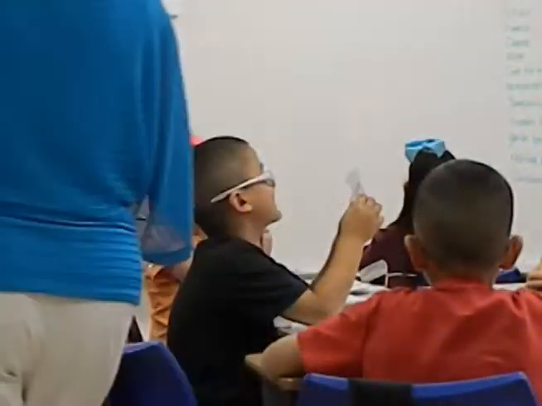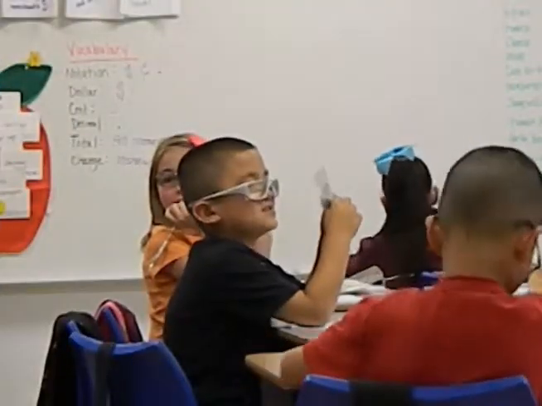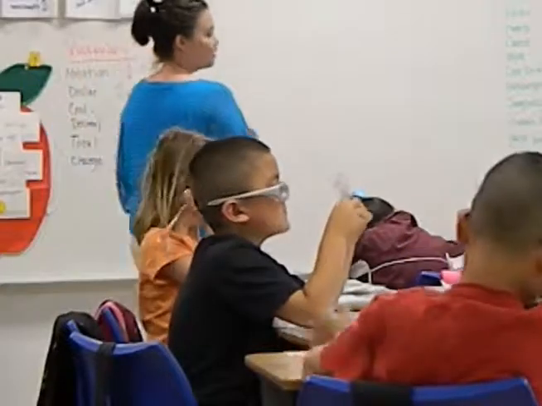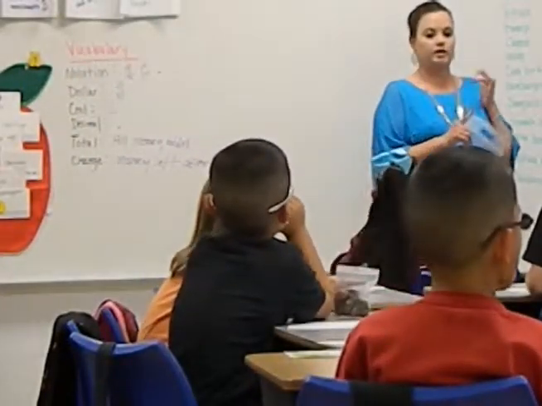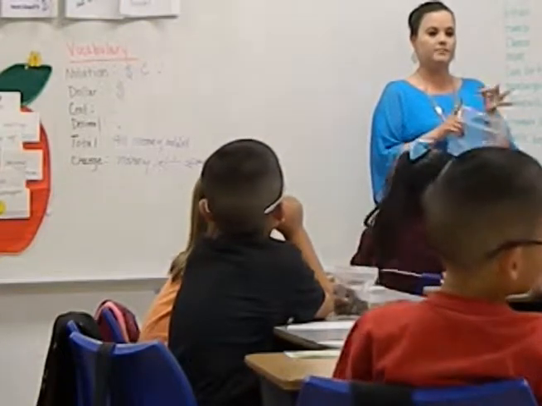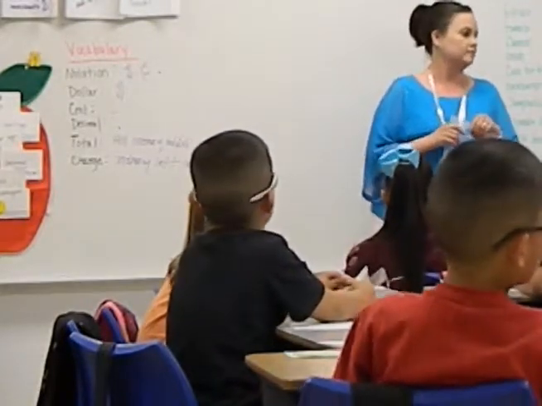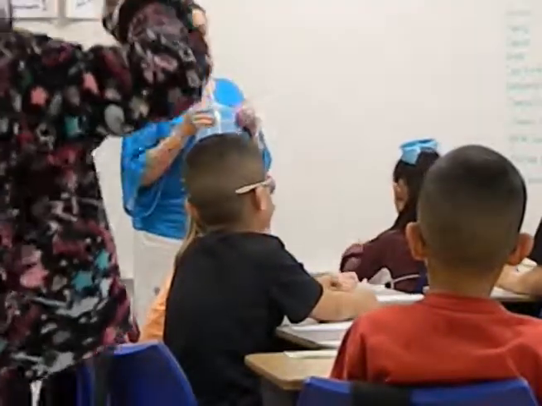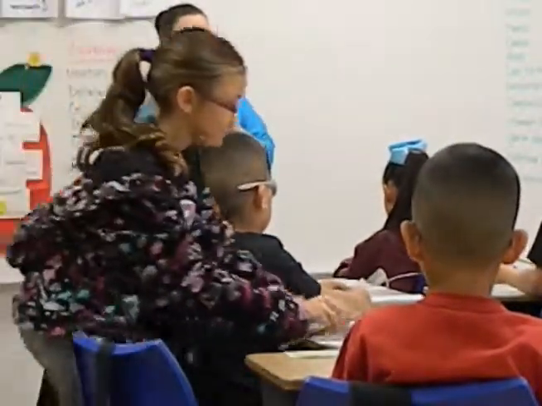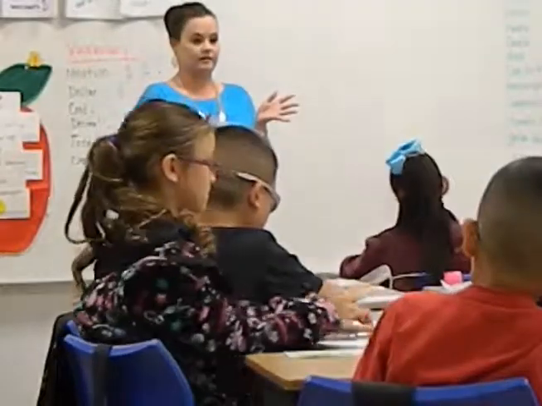Okay, the next are your directions for your change bag. You need to count out $1. You need quarters, dimes, nickels, and pennies. That's up to you. You just have to make sure that you have at least one of everything.